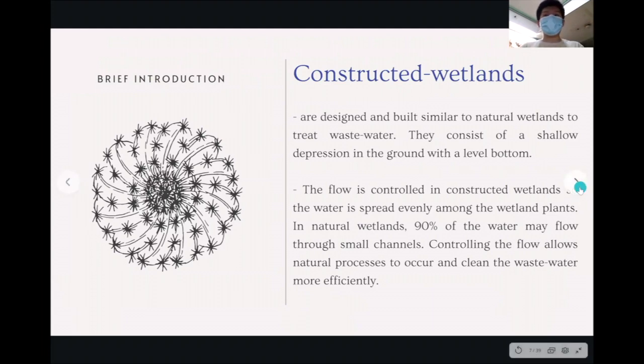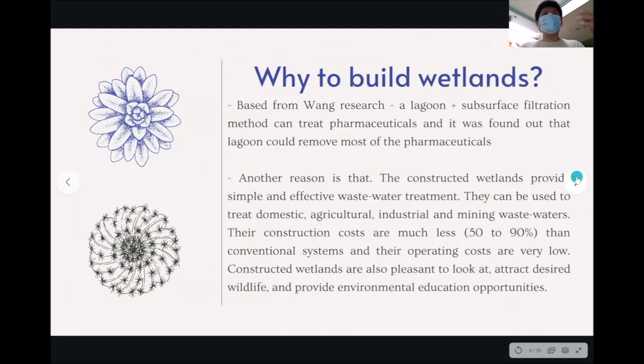To further discuss, what really makes wetlands very important? Based on one of Wang's research, it was stated that a lagoon plus subsurface filtration method can treat pharmaceuticals, and it was found out that the lagoon could remove most of these.